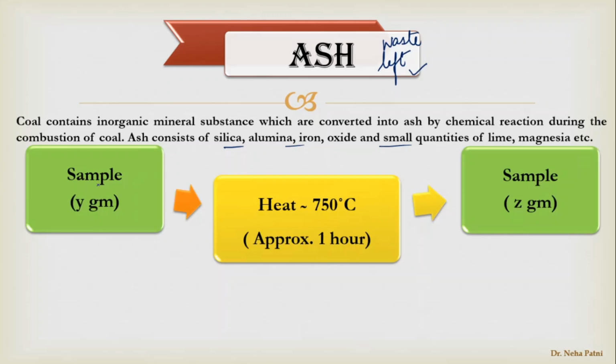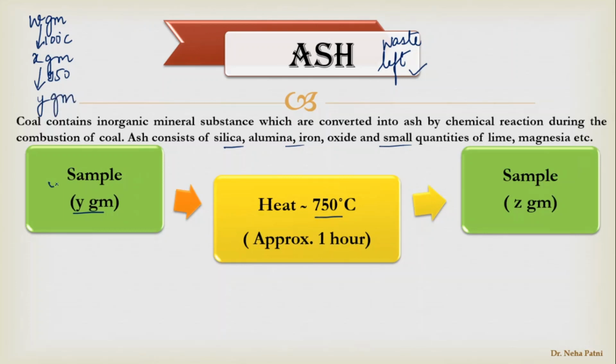You have to take the sample, heat it, and take the sample back. So the heating is almost common. What varies is the temperature. And now here, if you remember, we started with W, then we heated it to around 100 degrees and reached x gram, then we heated it to 950 degrees and reached y gram.